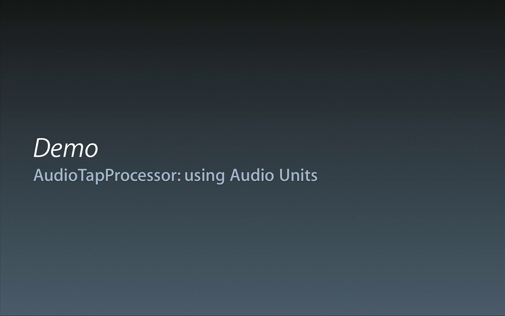The Core Audio unit that I'm going to use in this demo is a bandpass filter. And what a bandpass filter does is it allows us to define a sub-range of audio frequencies that are allowed to play out through the speaker. High frequencies and low frequencies are cut out.